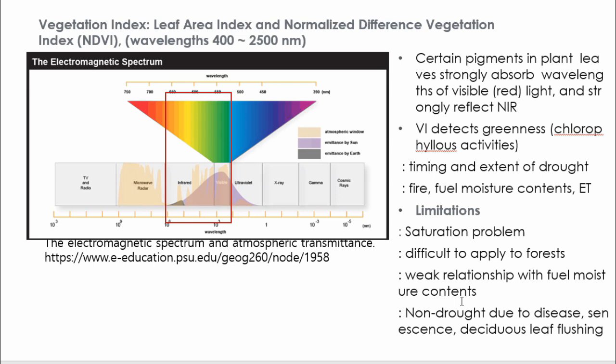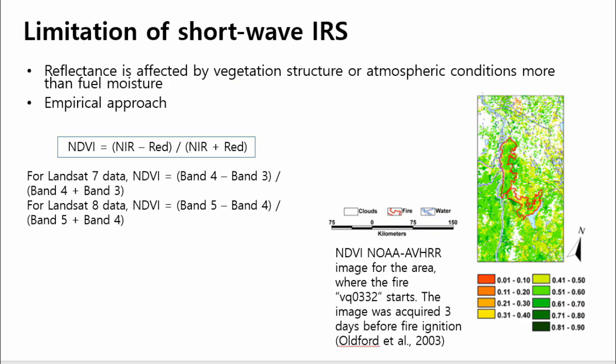They may lose chlorophyll contents, but that doesn't necessarily mean that their vegetation moisture is getting dry or they are under drought conditions. So this is something you have to be very careful about in making interpretations.